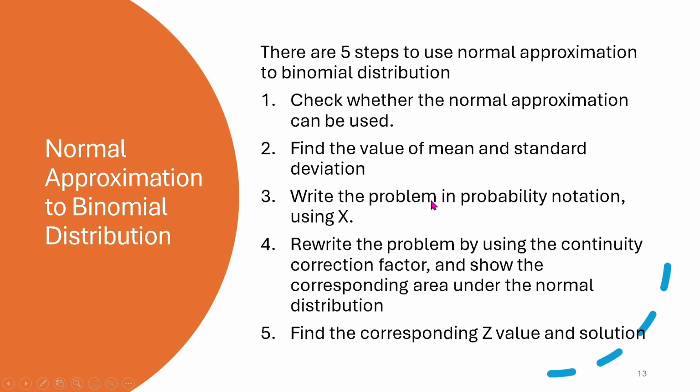Write the problem in probability notation using x, where x follows the binomial distribution, and z is x minus mu divided by sigma. Rewrite the problem using the continuity correction factor and show the corresponding area under the normal distribution. Find the corresponding z value and solution.